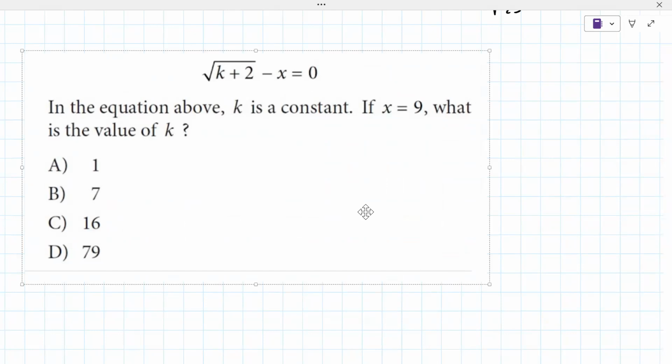Square root of x. Oh, x equals 9. Okay, I gotta start reading that first, man. Okay, it's D.